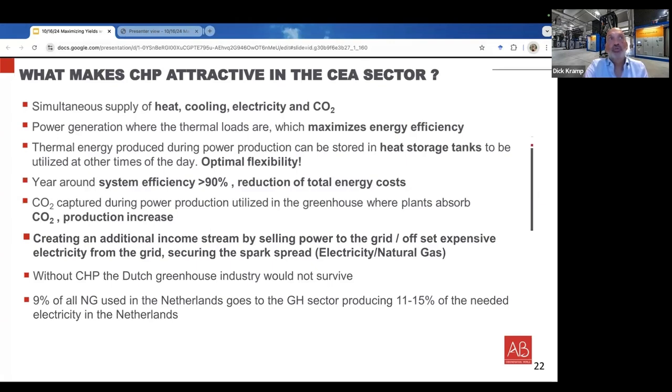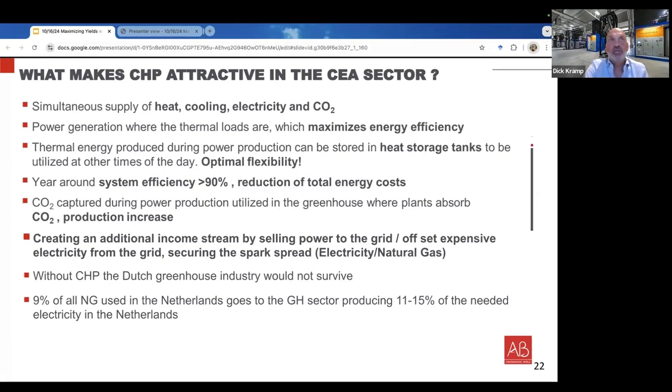And again, the CHP has been so successful, especially in the Netherlands, by creating an additional income stream by selling power to the grid, or offsetting expensive electricity from the grid, securing the spark spread. It is very clear that without CHP, the Dutch greenhouse industry would not have survived the high energy costs they were facing.